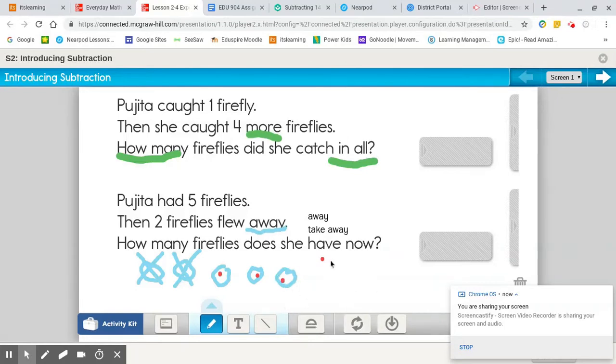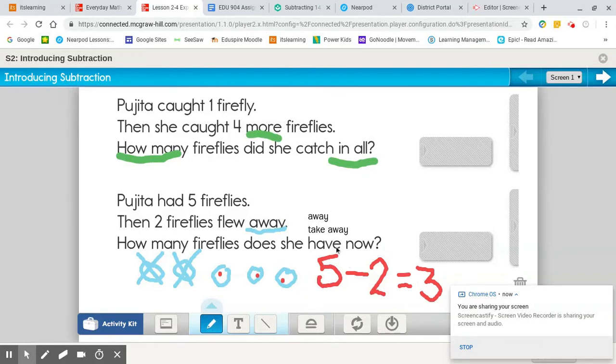So when we subtract and write a subtraction problem, we start with the biggest number. So I want you to go ahead and write this problem down next to your work or below it. 5 minus, remember that's what the minus symbol looks like, 2 equals 3.